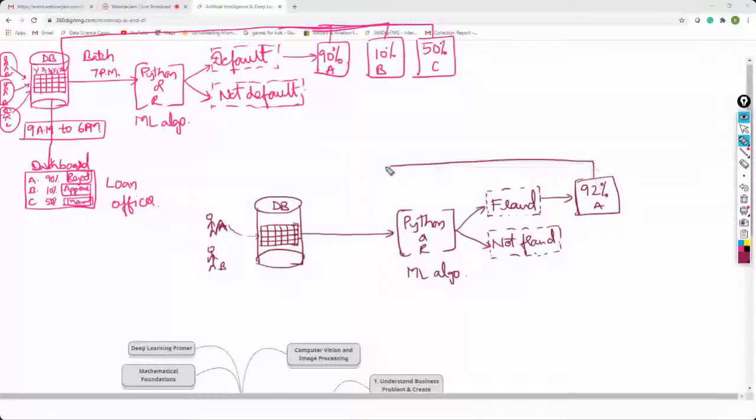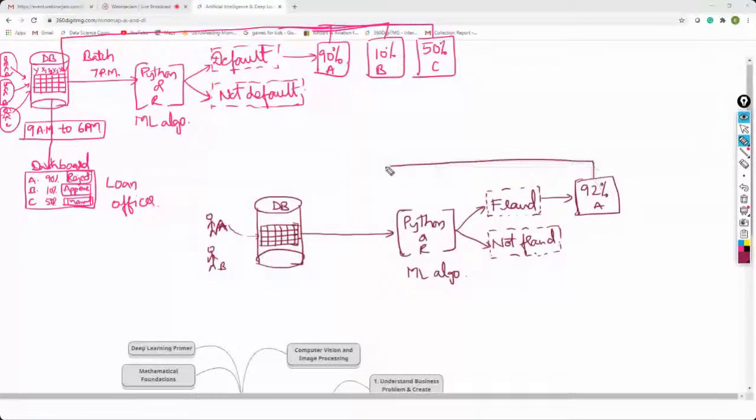So different banks have different ways of dealing with fraud. But the point that you need to bear in mind is that here the processing and prediction and the entire thing is happening in real time.